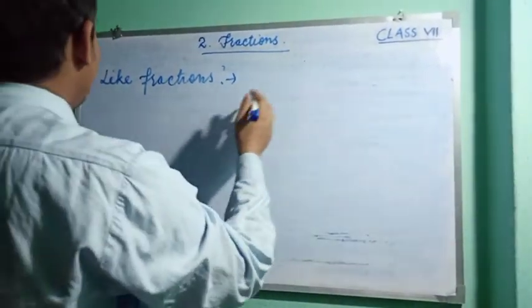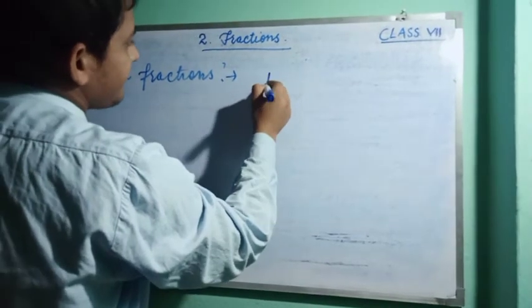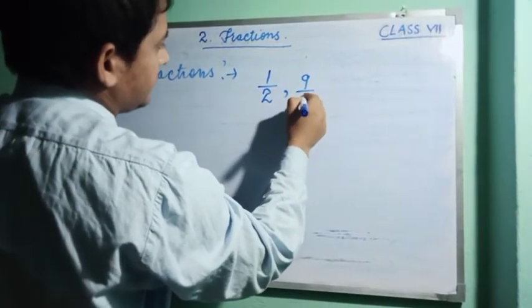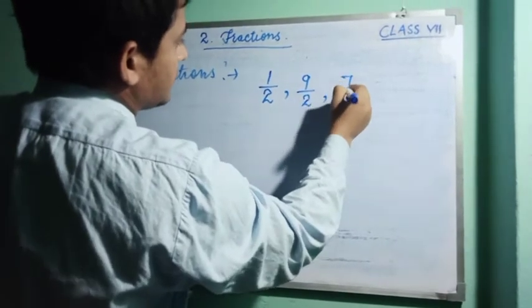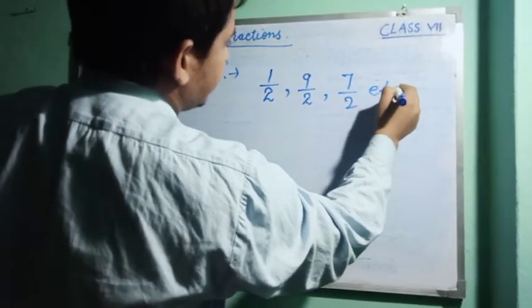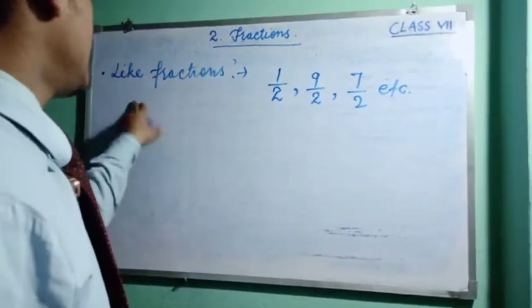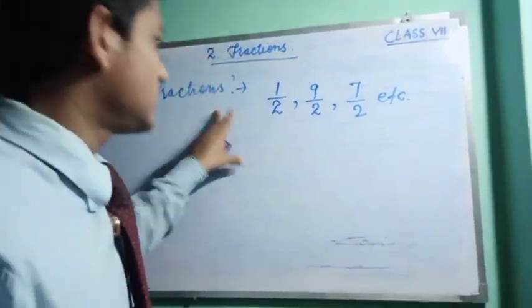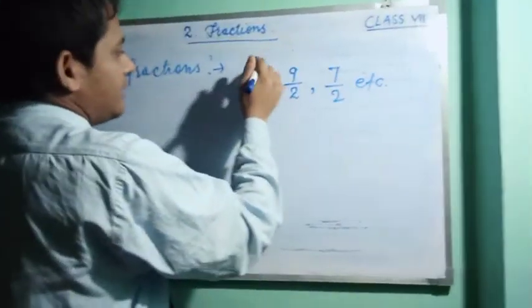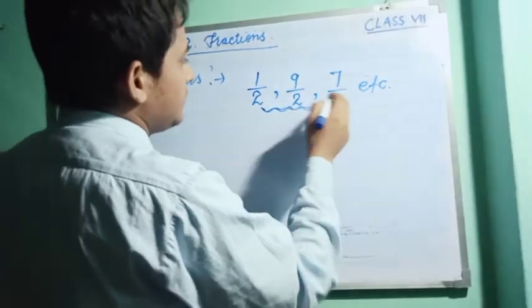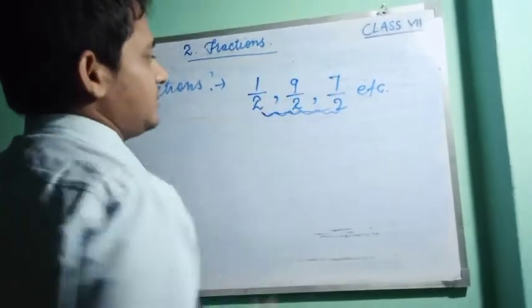Let us figure it out with the help of examples. 1 by 2, 9 by 2, 7 by 2, etc. These are all examples of like fractions, because they have the same denominator but different numerators.